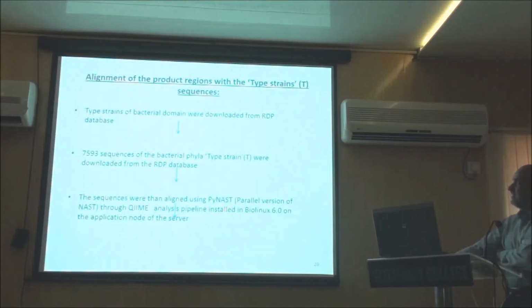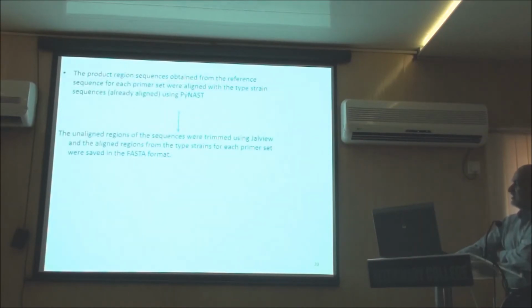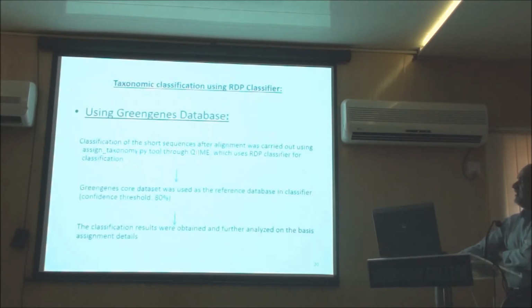As I said, we used a reference database of all type strains for the amplification. Once we extracted the PCR products, we used these in silico generated PCR products to find out taxonomic amplification.